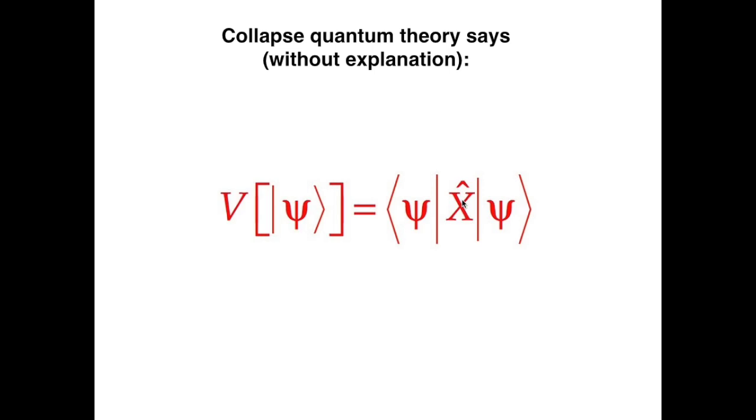And the probabilistic game theory tells us that a rational player should value playing such a machine the same as if it were guaranteed to produce that expectation value. Again, it doesn't say why.